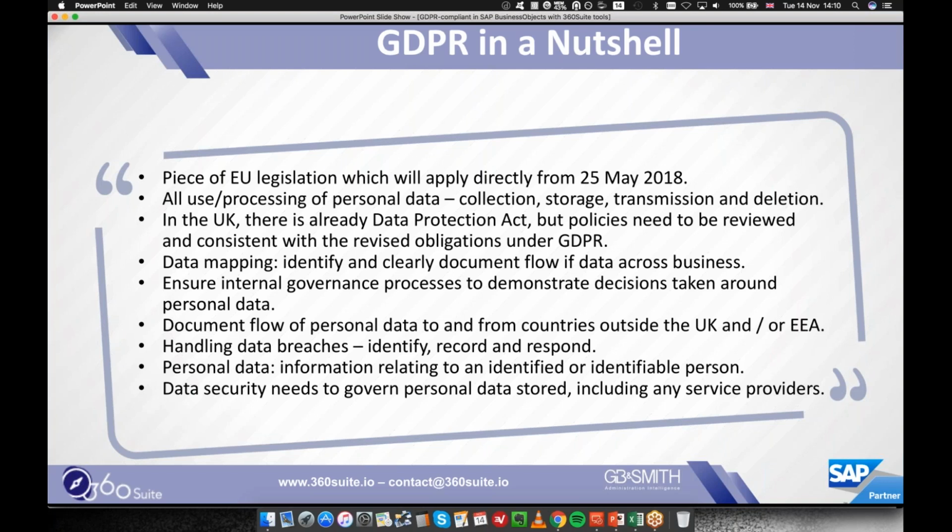We also need to be able to handle data breaches. So we need to be able to identify, record, and respond accordingly to those data breaches. And one of the things of GDPR legislation is the appointment of a chief information officer who is responsible for the security of that data and who's responsible for handling all of that internal process.